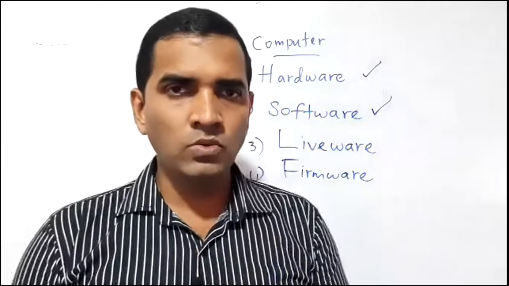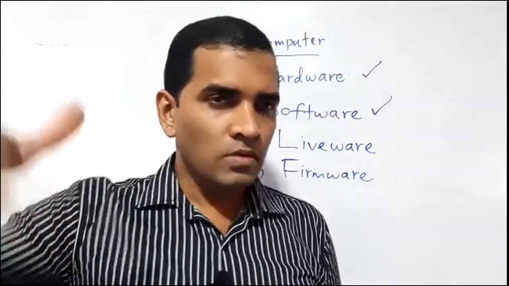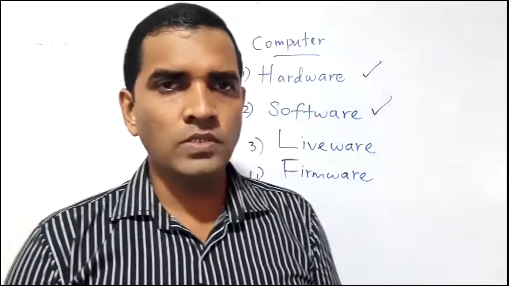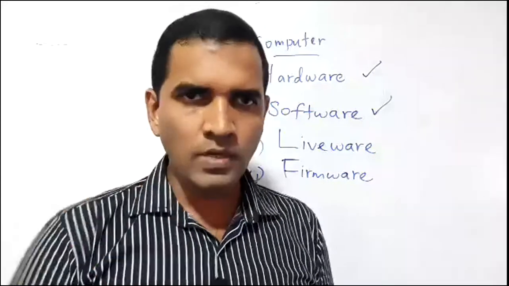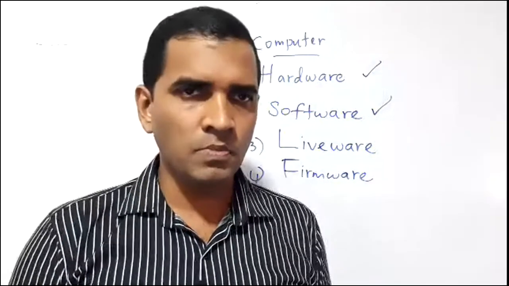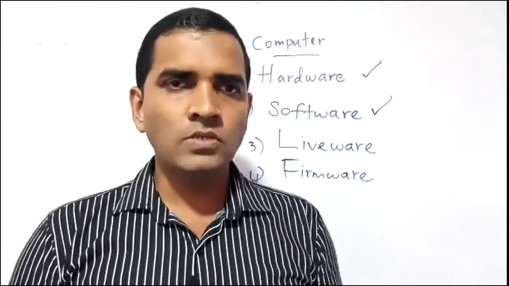You need monitor, keyboard, mouse, everything. At the same time, you need a software inside which enables you to type, like MS Word. You might have heard, right, in the previous classes, MS Word, or you have some other software. So that is software.